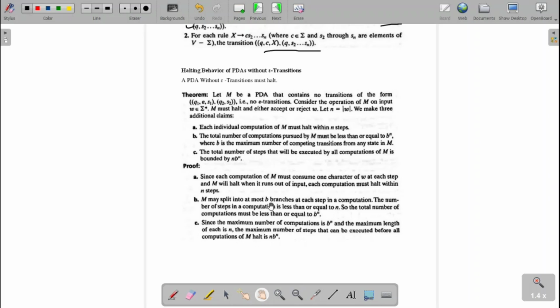That is the maximum value. Since the maximum number of computations is b power of n and the maximum length of each is n, the maximum number of steps that can be executed before all computations of M halt is n into b power of n. Fine.